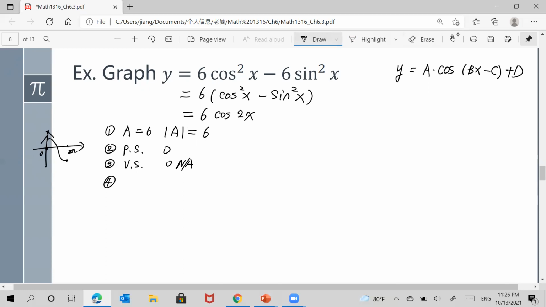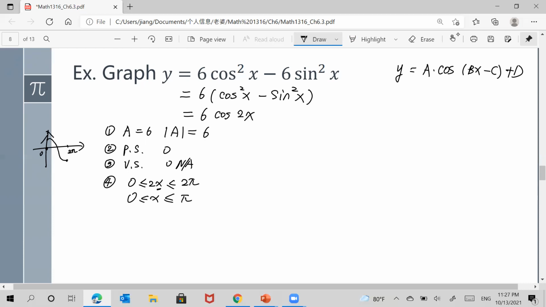That means set 2x between 0 and 2 pi. That means 2x is greater than or equal to 0 and less than or equal to 2 pi. And thus solve for x. X is greater than or equal to 0 and less than or equal to pi. Just divide by 2 for these three terms. So the starting point and the end point for one full cycle.